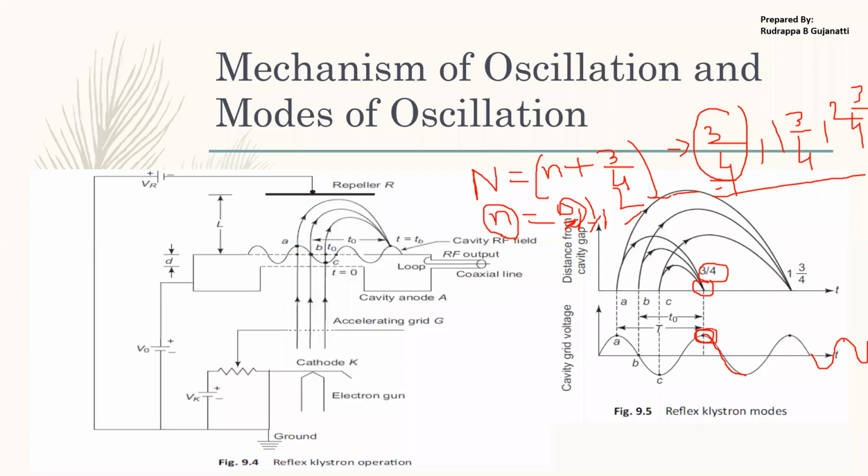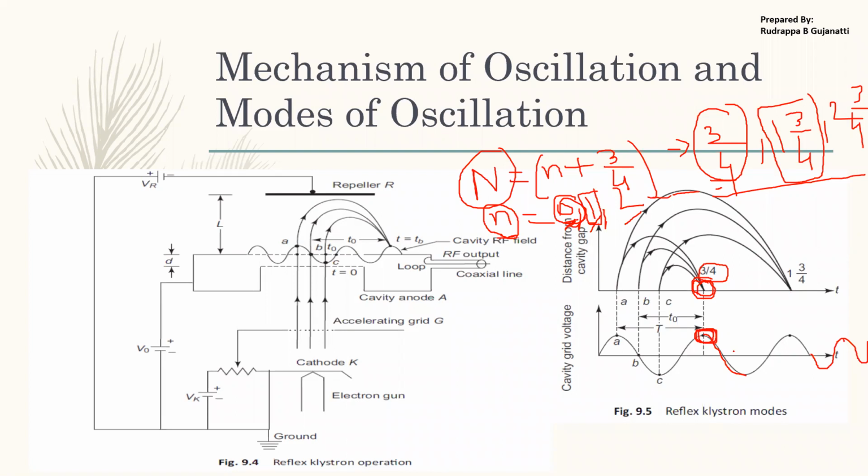Getting this mode is very difficult, that is, bunching at this point is very difficult. So generally, theoretically, this is the lowest mode, but practically the lowest mode is 1 3 by 4, or mode 1.